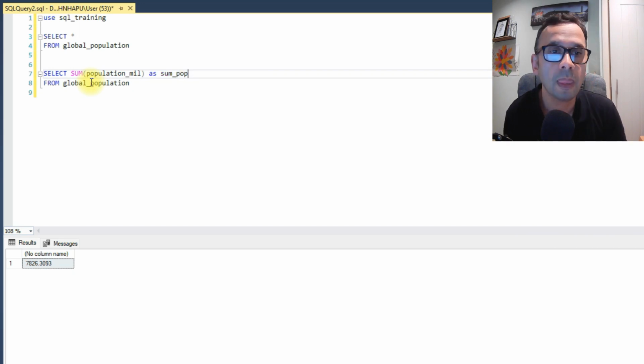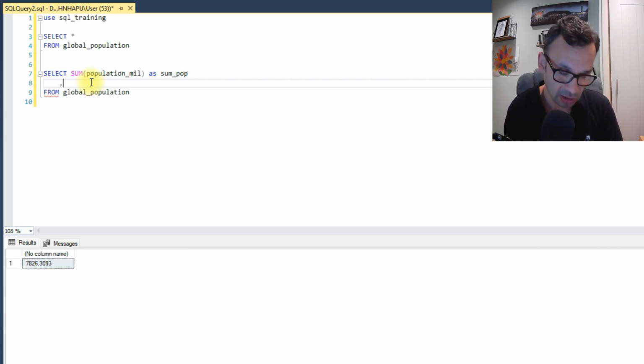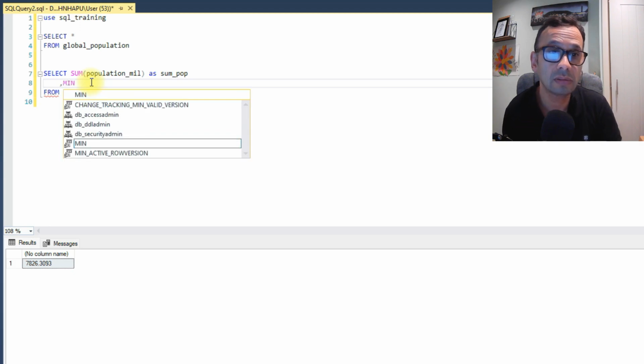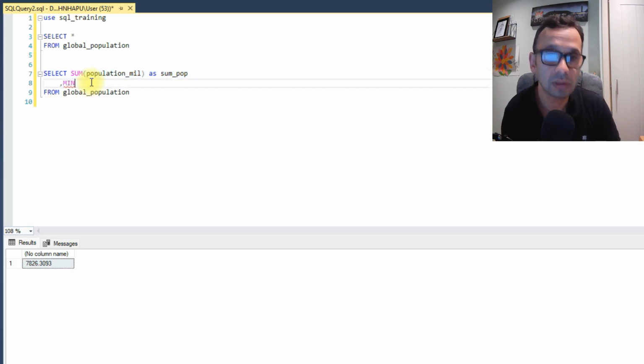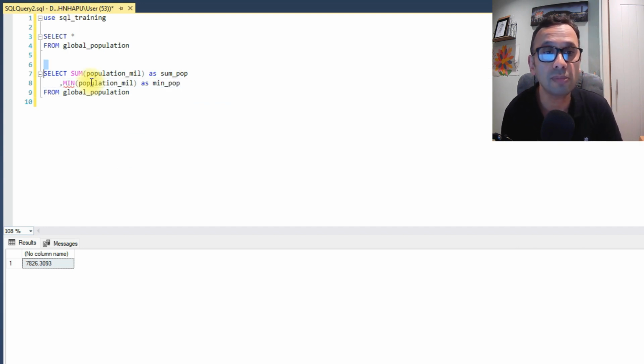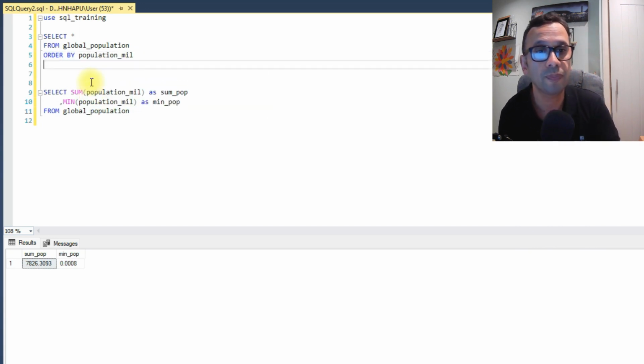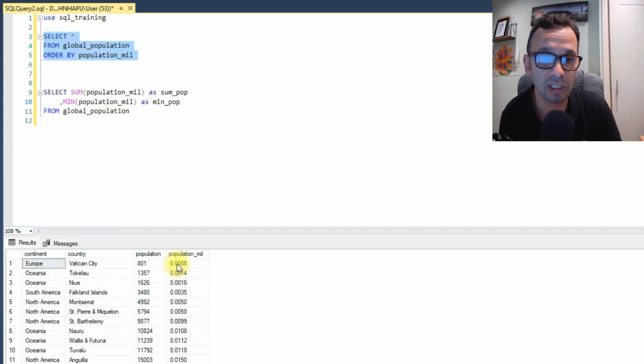Okay, so as well as sum, there are 5 main aggregation functions. So there's a min, as min pop, and that shows us the smallest value in that data set. So if we do this and say order by population mil, that top value, the smallest value, is 0.0008, which is Vatican City with a population of 801.